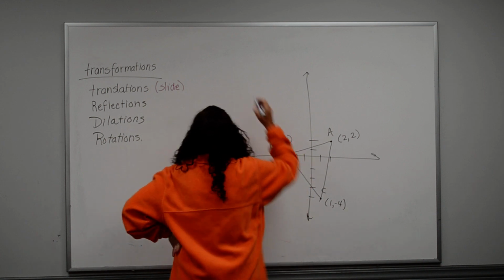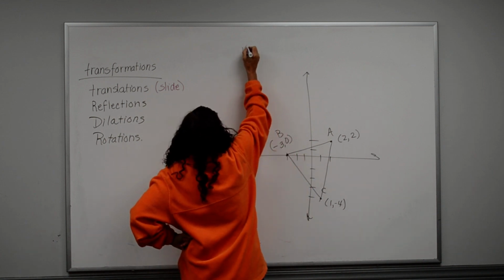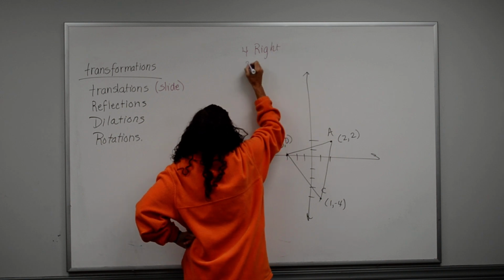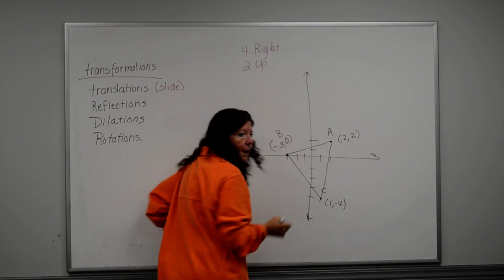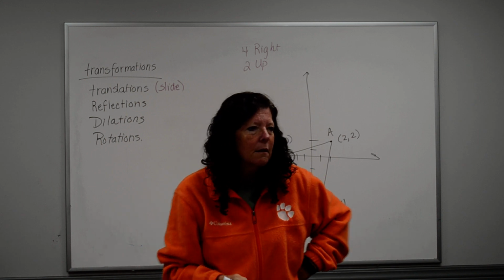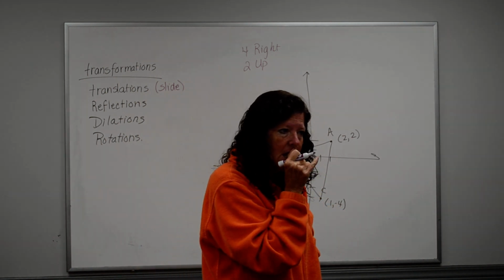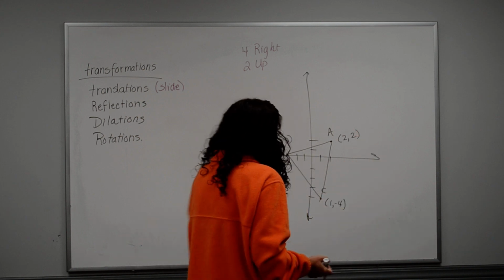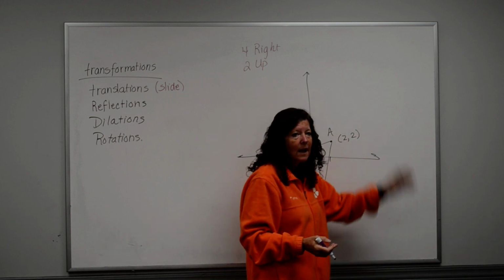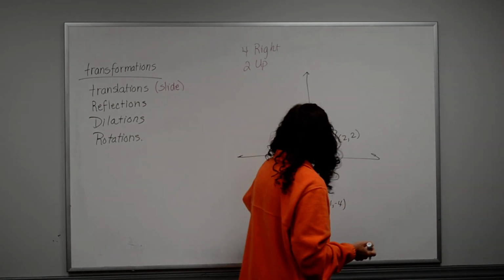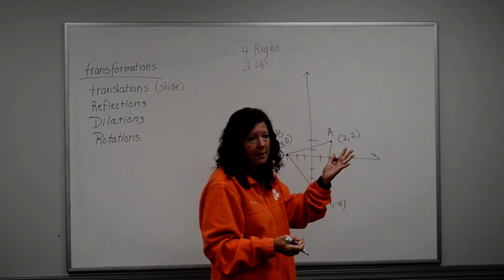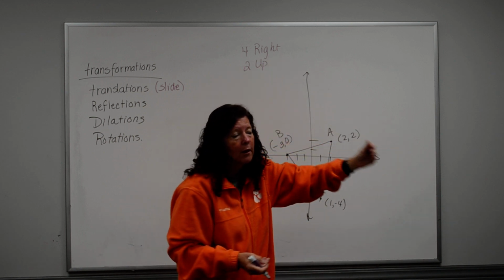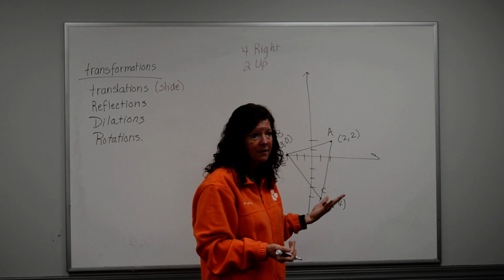And I go, I want to slide this thing 4 right and 2 up. Okay, do you remember what we did to do that? Without the matrices. 4 to the x and 2 to the y. That's exactly it, okay? I add 4 to the x values. Every x value that I have, I add 4 to it. Every y value I have, I add positive 2 to it. If it had said left, I would add a negative 4. If it said down, I would add a negative 2.